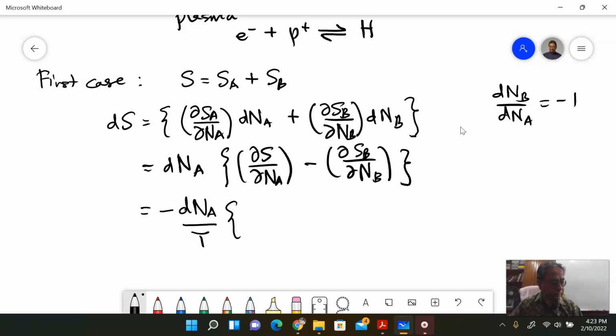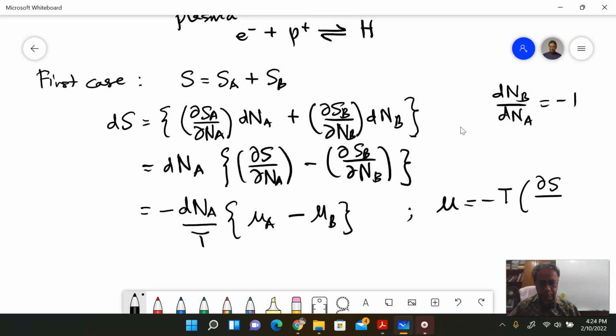So we write this as mu A minus mu B, where mu is essentially given by partial S over partial N for each particle species.